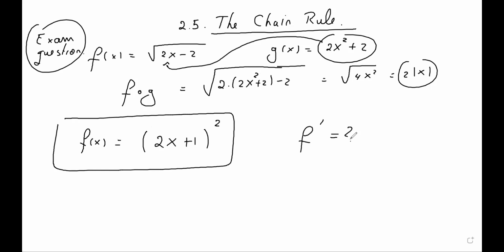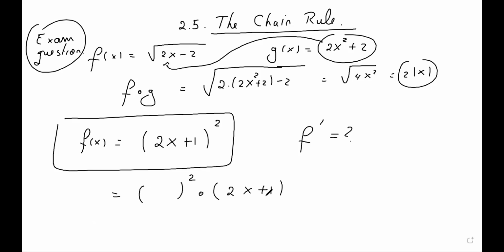Well, the trick is to think of it as the composition of two functions. So now this is the composition of a square function, the function that squares everything, so x goes to x squared, with the function 2x plus 1.